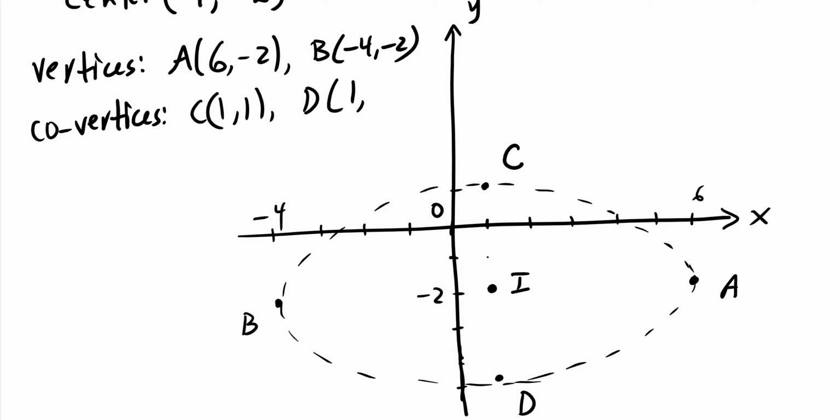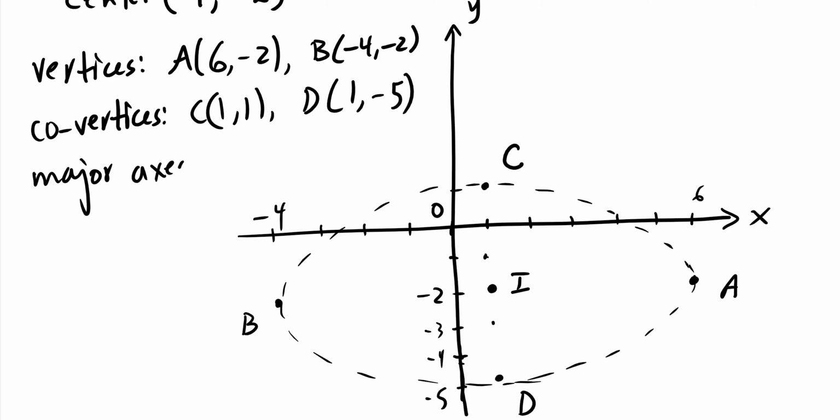Let me see, what was this? We moved down 3 units, so 3 units from negative 2: negative 3, negative 4, negative 5. Those are the co-vertices.